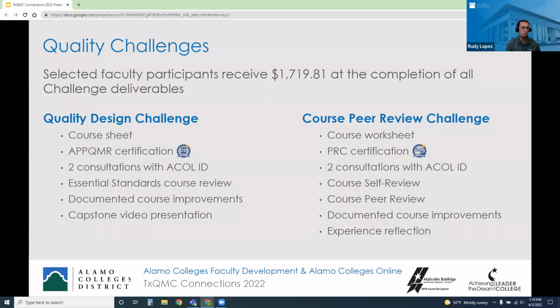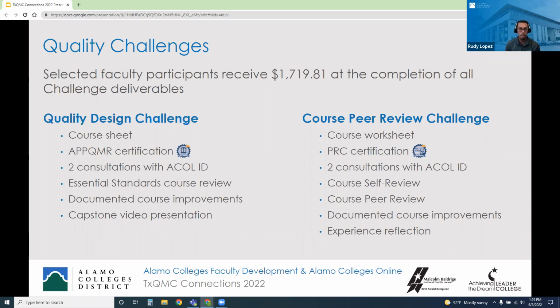In the Quality Design Challenge, they have to complete the APPQMR, while in the Course Peer Review Challenge, they're required to complete the PRC. If they don't complete these certifications, they cannot continue with the challenge. But when they complete one or both of the challenges, they receive a monetary stipend.